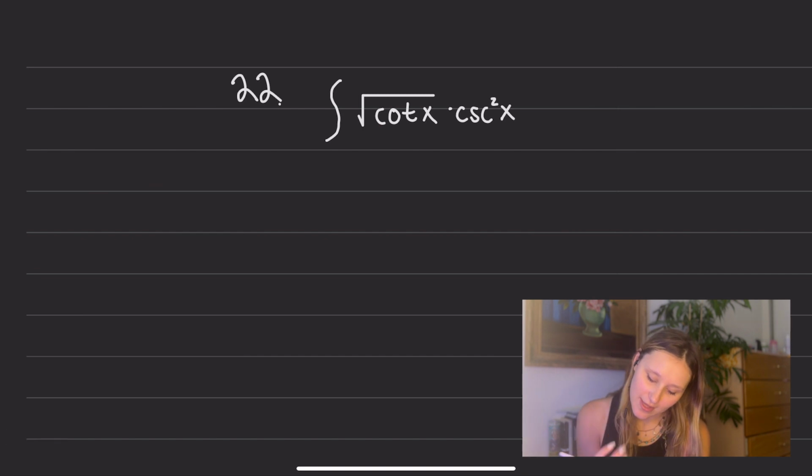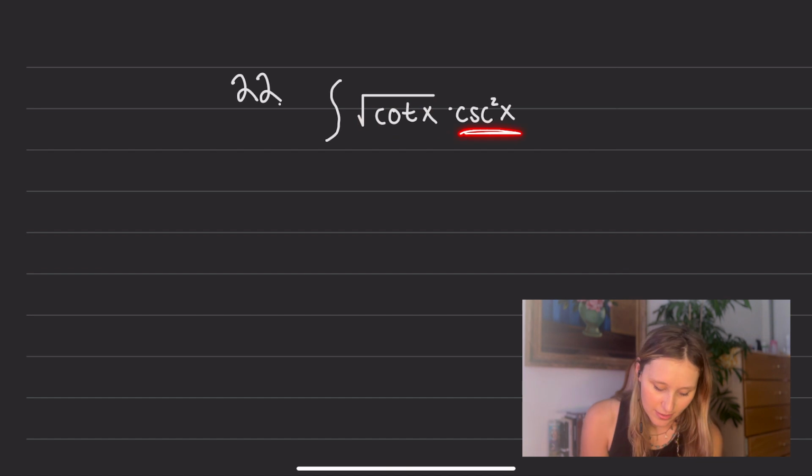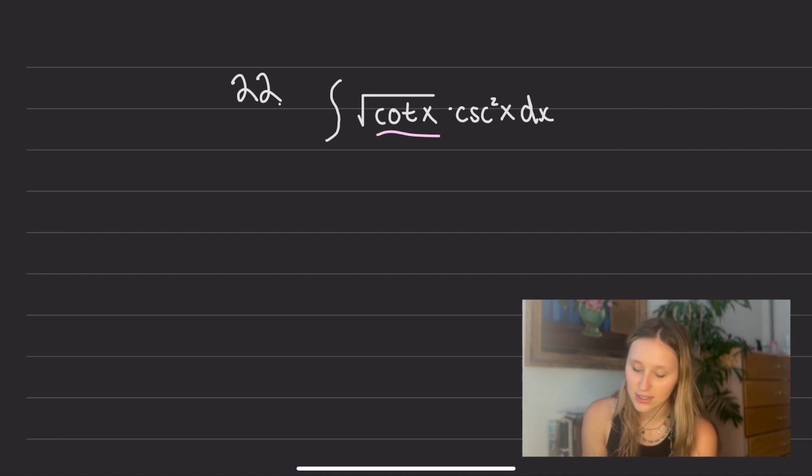We have the cotangent, which is in this complicated position here, and then we also have its derivative in there. So we already know that the cotangent is going to be the u substitution.